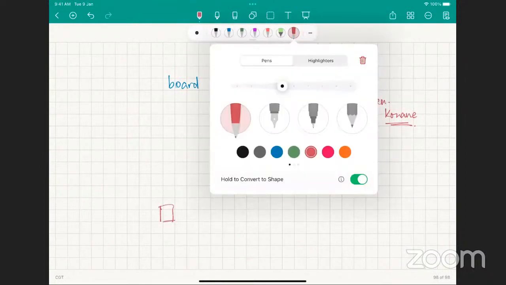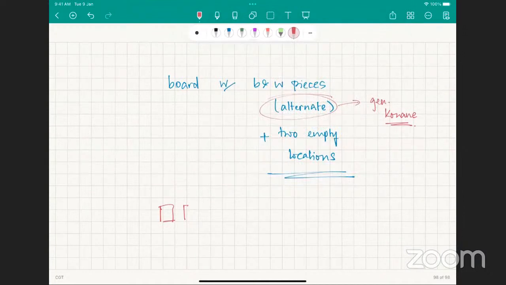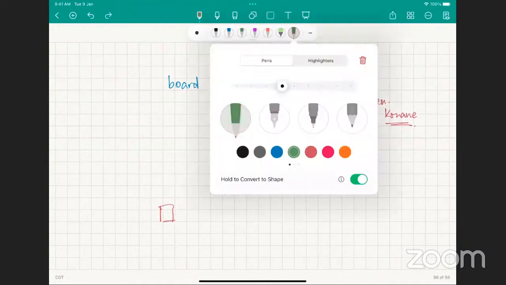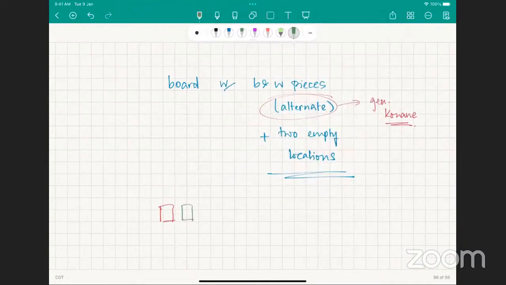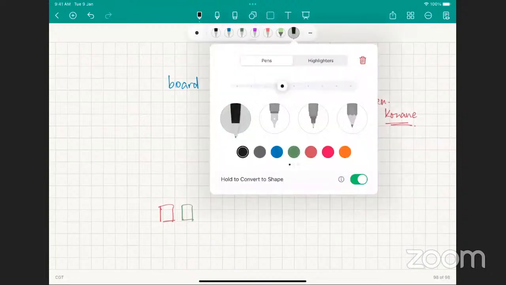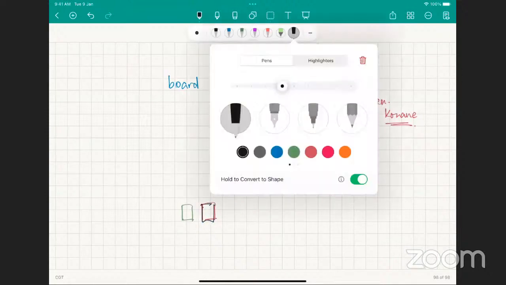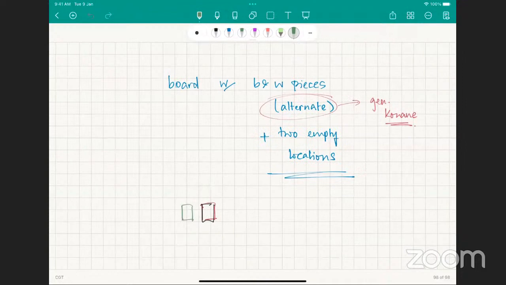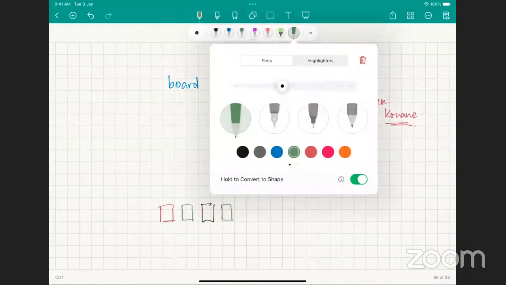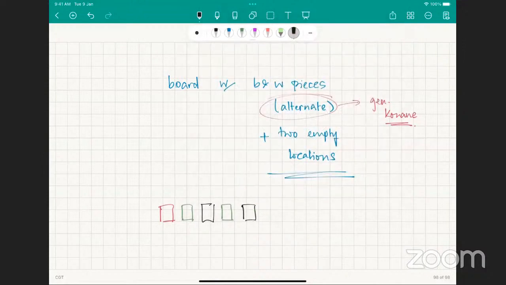So you have a red piece and a green piece, and let's say that we have an empty location after this. Then what you can do on your turn is to basically pop over the opponent's piece. And if you have another opponent piece here, let me illustrate this in this fashion.